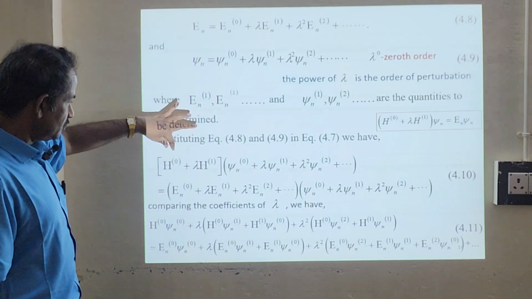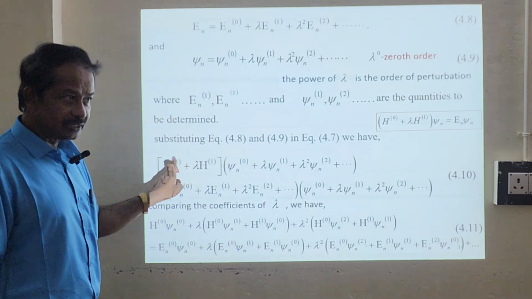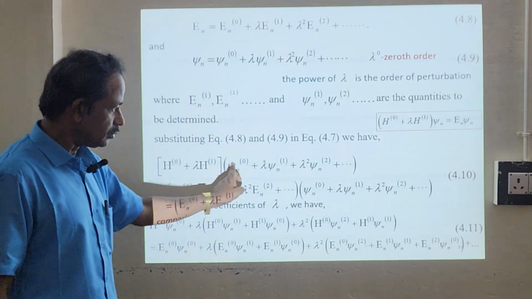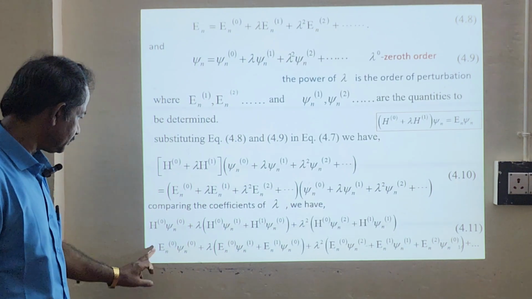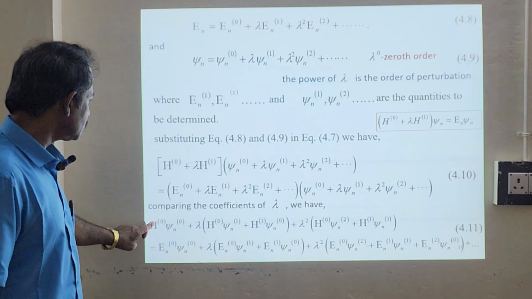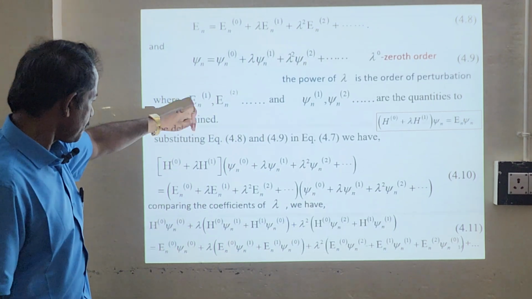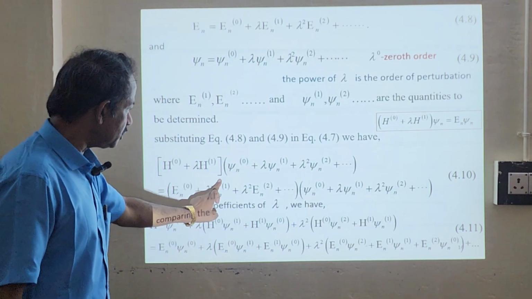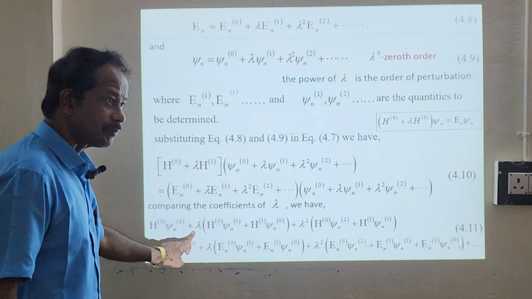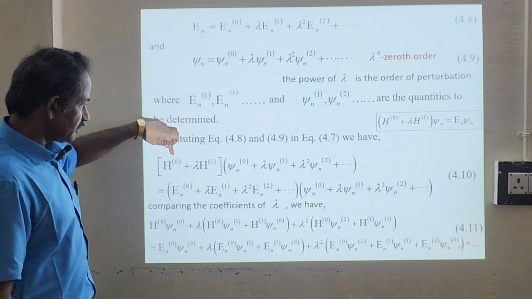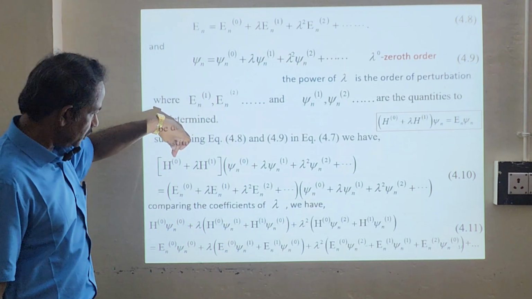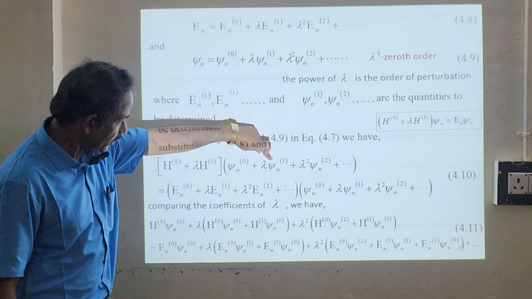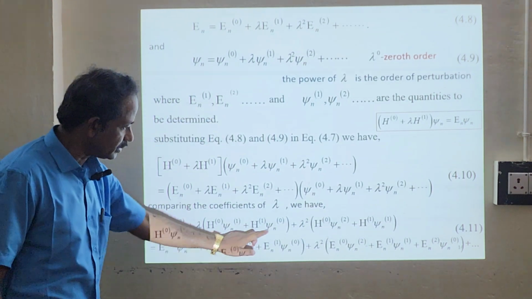We multiply H0 into psi n0, so H0 operates on psi n0, which will be equal to En0 psi n0. Next, we go for lambda: H0 operates on lambda psi n1, and lambda H1 acts on psi n0. You pull lambda out, and we get this.